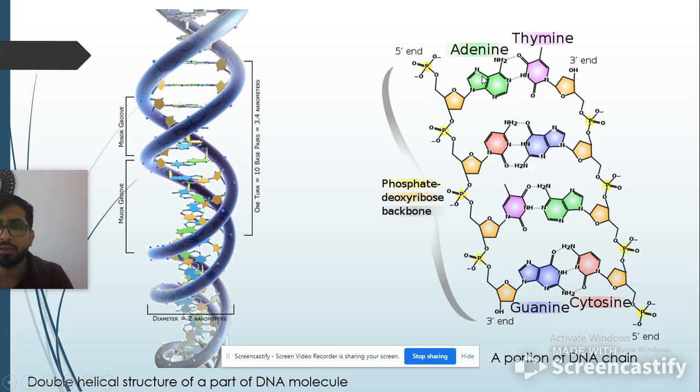Let's say this is adenine, this is cytosine, this is thymine, and this is guanine. If you see carefully, you will see the bonding between adenine and thymine. Basically, these are the hydrogen bonds between these two. So adenine and thymine have two hydrogen bonds between them. This adenine molecule is attached to thymine by two hydrogen bonds.